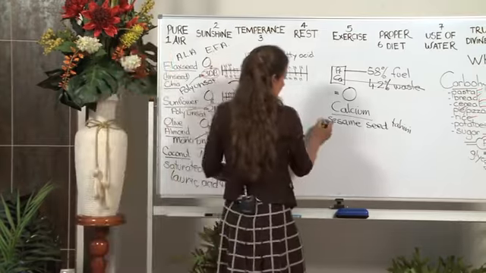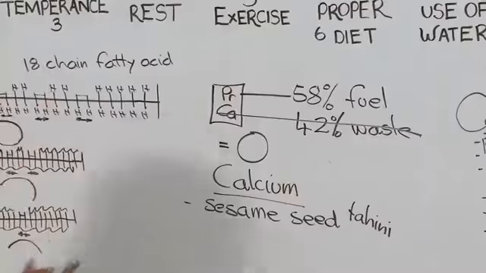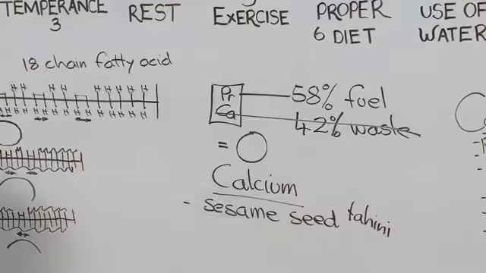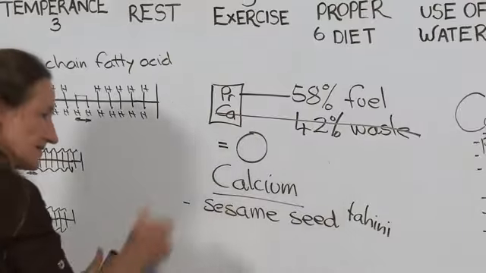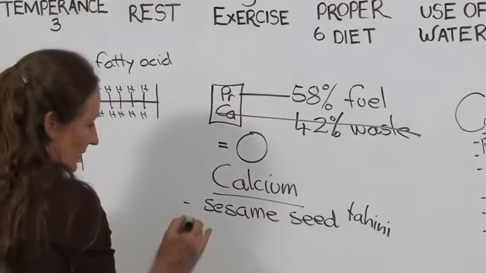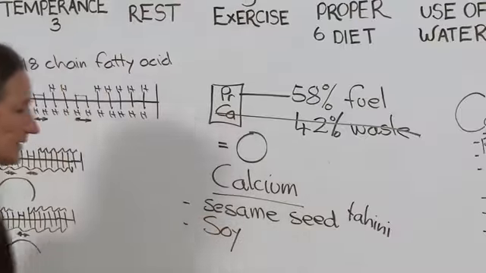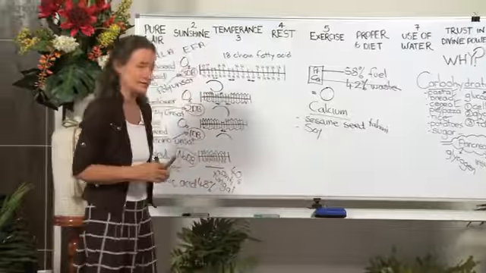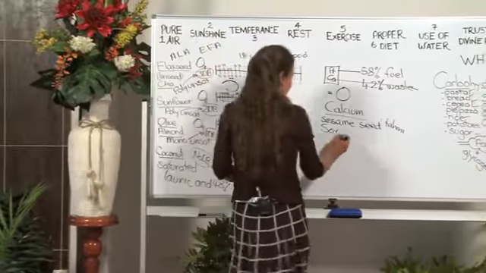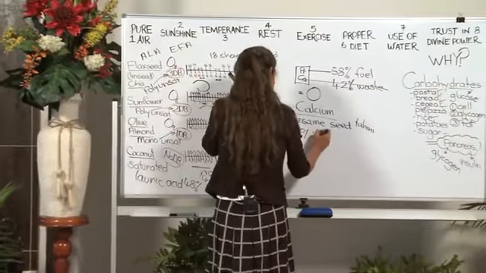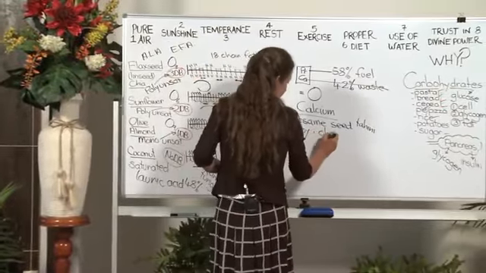Very high in calcium. So instead of giving the children a glass of milk when they get home from school, have a platter of raw veggies and a little bowl of hummus and let them dip in there. They will get more calcium. That's the calcium that they can use. Also soy, and again the soy must be organically grown, non-genetically modified, and the other legume is chickpeas.